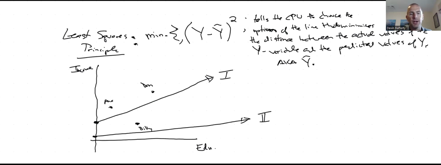Line 2 is out here going like this, right? Line 1 cuts through the data, cuts through Anna, cuts through Dan, cuts through Billy. It actually goes through our data points. Line 2 is below all of them. Okay, so I'm making this a little dramatic to highlight the logic behind it. But you may have heard of this before. It's called the line of best fit.